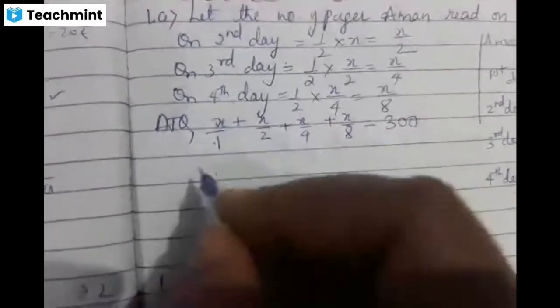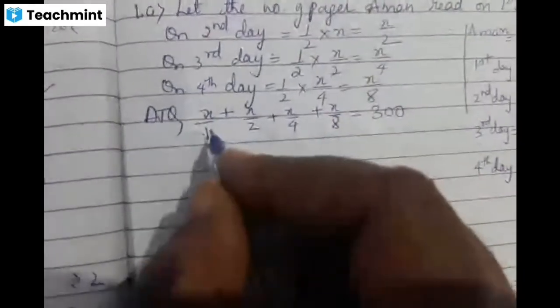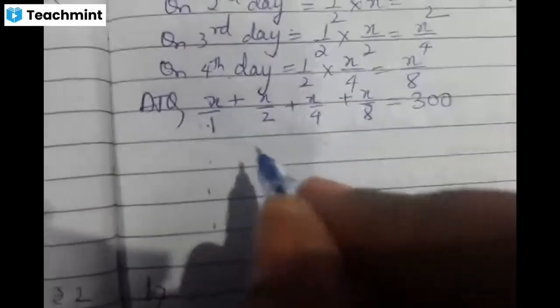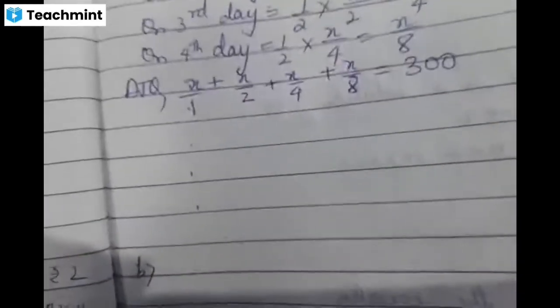x means x by 1. On the left hand side, we have got all the x terms. Let us add them. Now the LCM for 1, 2, 4 and 8 will be 8 here. In the numerator, we have to multiply by the LCM. 1 eight is 8.